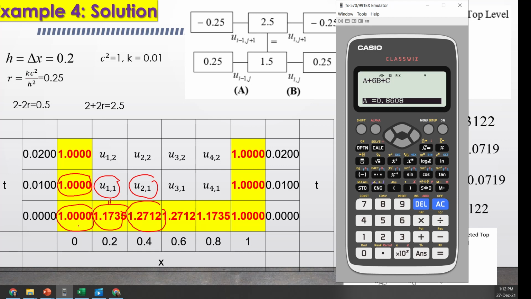A is the left bottom, B is the center bottom, C is the right bottom. So A is 1, B is 1.1735, C is 1.2712.